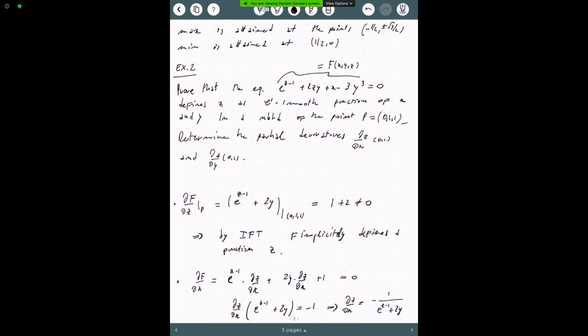So at the point given, z_x at (0, 1), that's going to be equal to minus 1 divided by 3, right? Same thing for the partial derivative with respect to y.